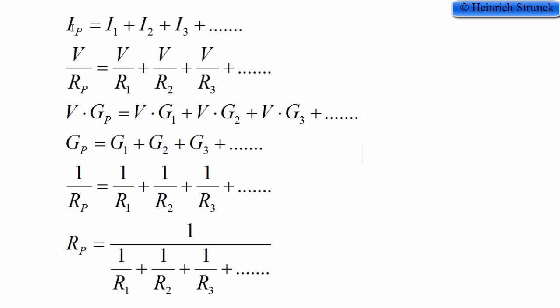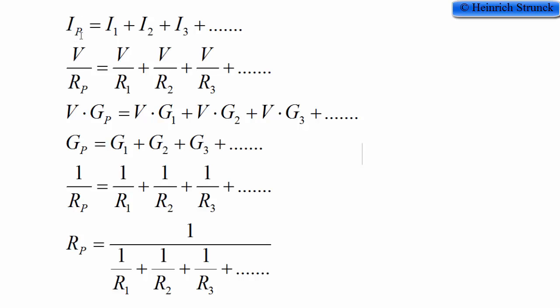The total current for the parallel circuit is equal to the sum of the 3 circuits we have in parallel. Circuit number 1, 2 and 3. We could add some more circuits if we got that, but in this system we only got 3.